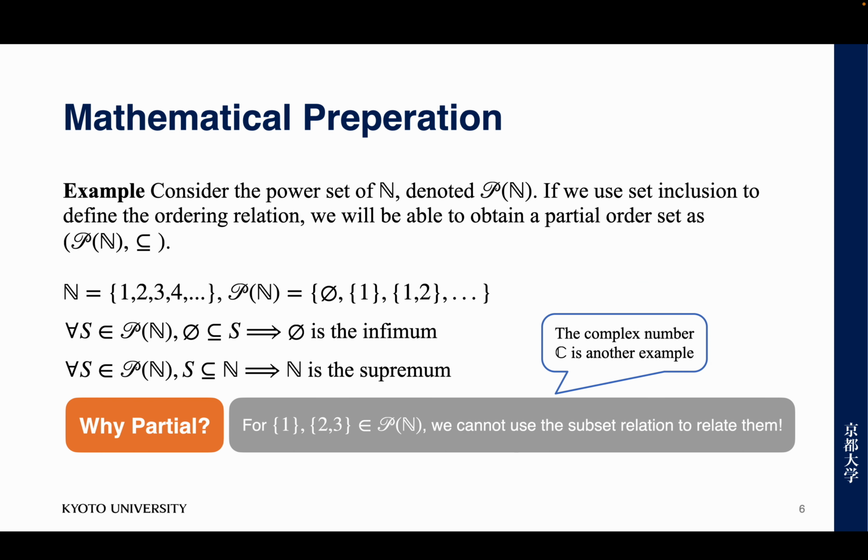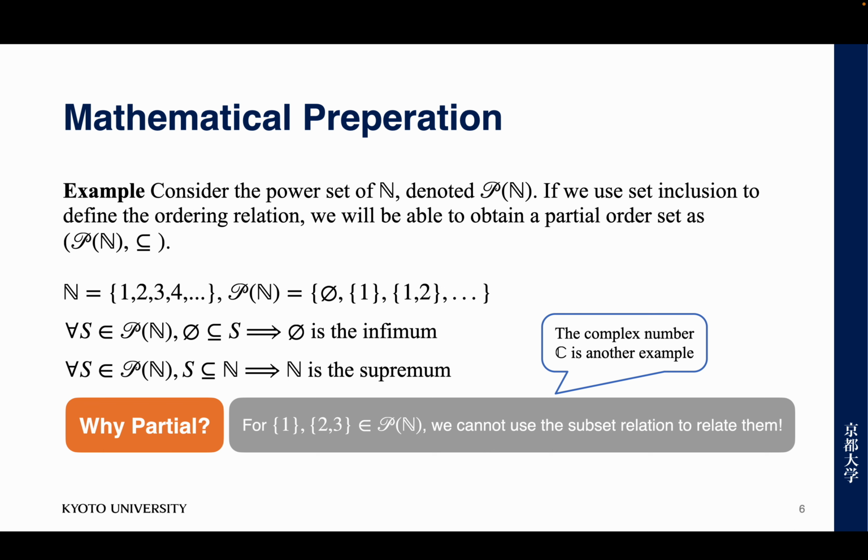Next, let's do a very straightforward example. So let's say we use the power set of the natural numbers as an example. We use set inclusion, or equivalently the subset relation in set theory, as the order relation here. Then together with the power set, we obtain a partially ordered set.